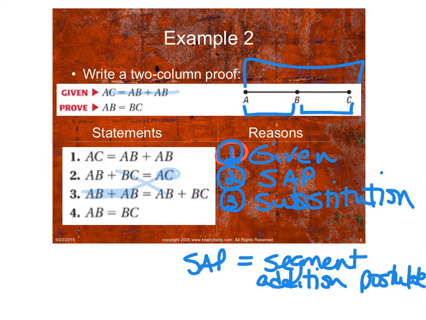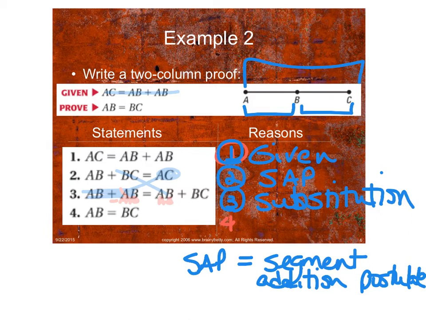Now from step 3 to 4, what did they do? They subtracted the AB. Good. They subtracted AB from both sides, so this would be the subtraction property of equality.